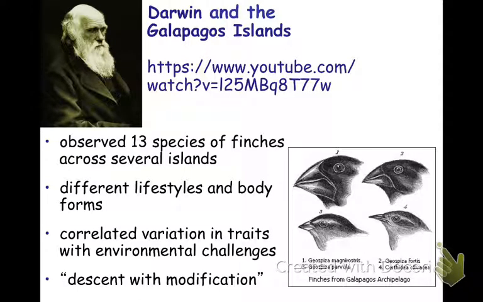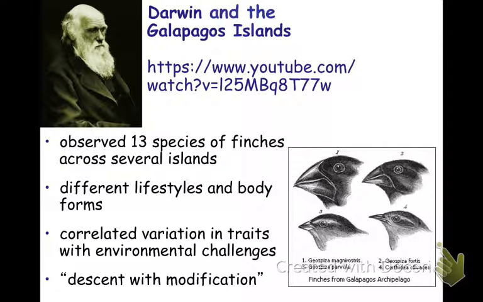So he went to the Galapagos Islands, which are close to the equator, away from the mainland, and he observed 13 species of finches across the several islands that he saw. Each of these finches had a different body form and their lifestyle was different.